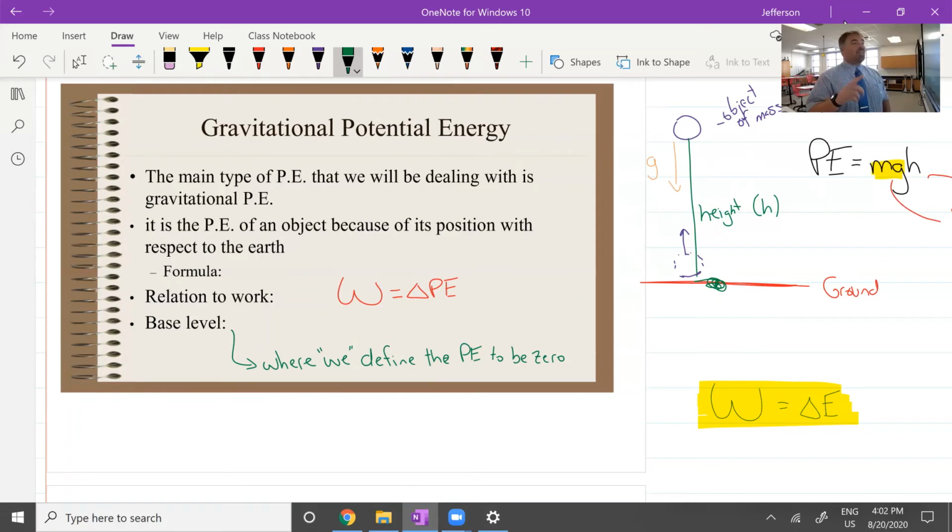But this also allows us to see that if we go below it, let's say my object is down here, I'm at a negative height from my base level, so I can have a negative potential energy. You can't ever have a negative kinetic energy, but you can have a negative potential energy. Something neat, something cool. But we'll talk more about base level tomorrow in class.